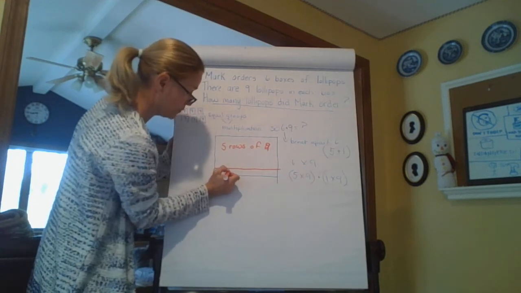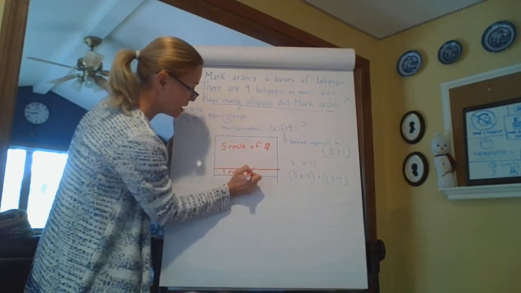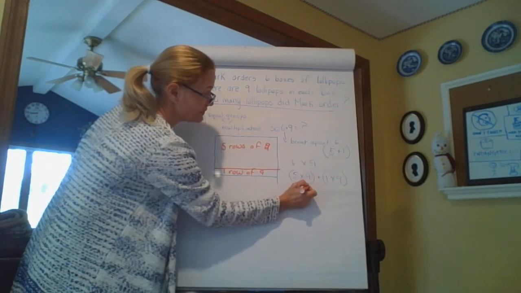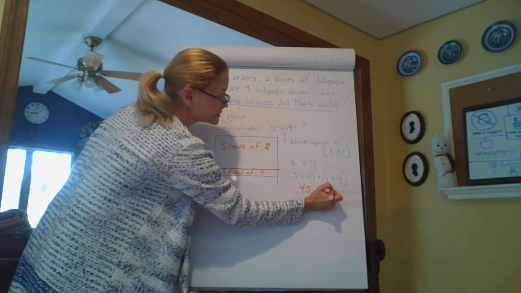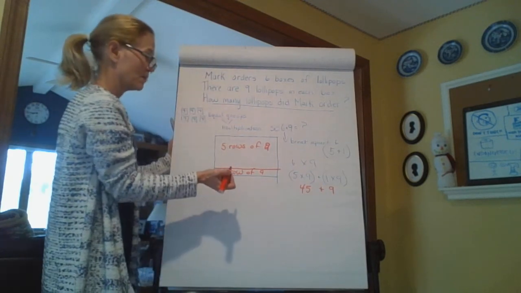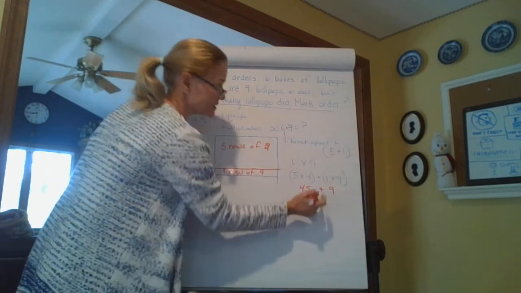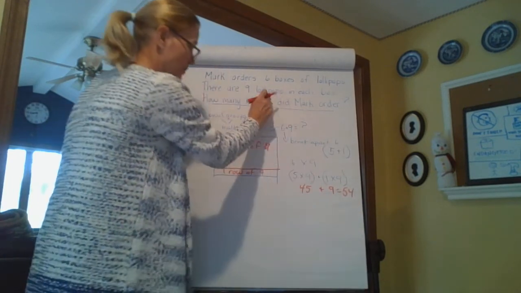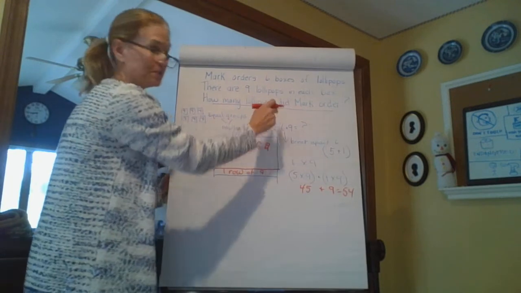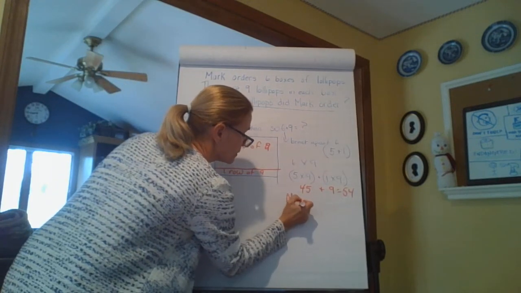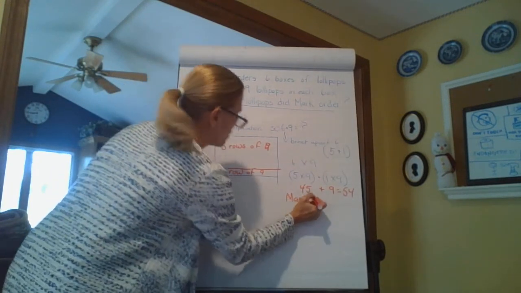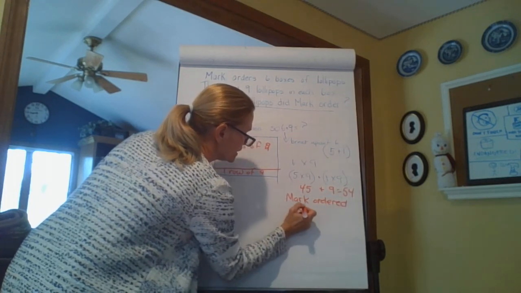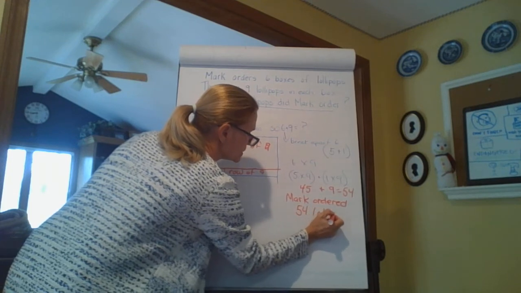Now I have 1 row of 9. 5 times 9 is 45, plus 1 times 9 is 9. What do I have? 45 plus 9 equals 54. So I know how many lollipops Mark ordered. Mark ordered 54 lollipops.